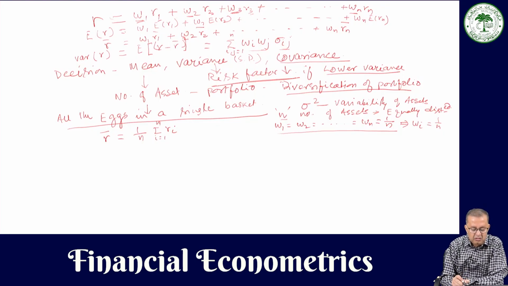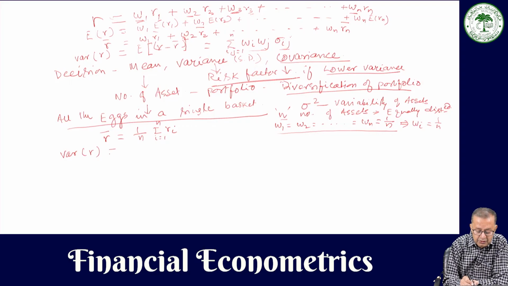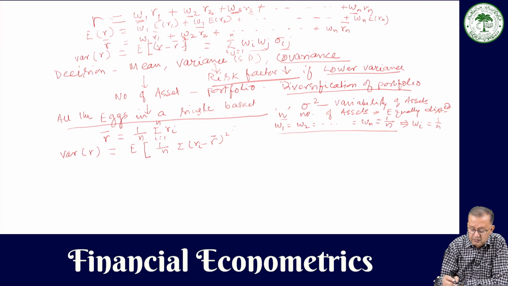This is the mean. Now if we talk about the variance of r, this is equal to the expected value of 1 upon n times the sum of ri minus r bar, squared.